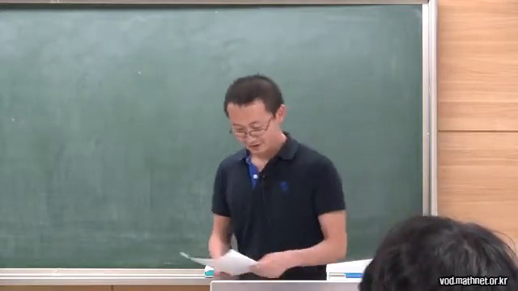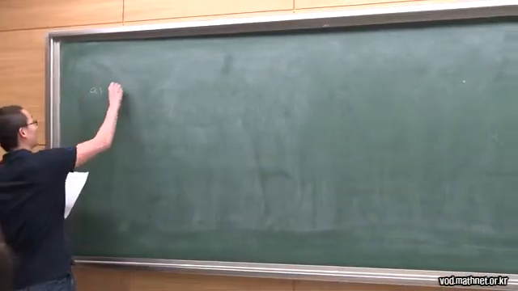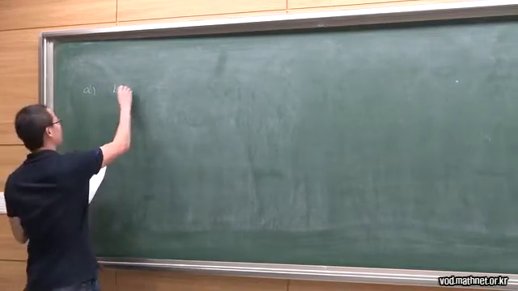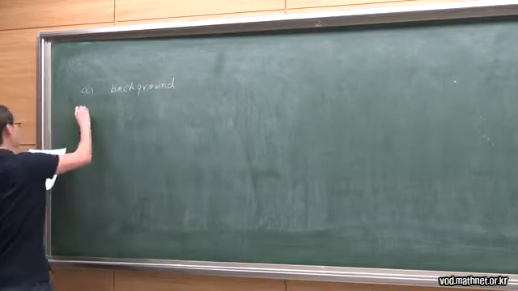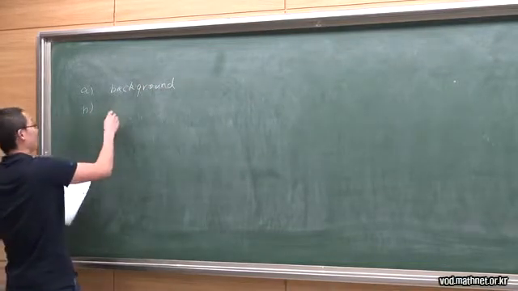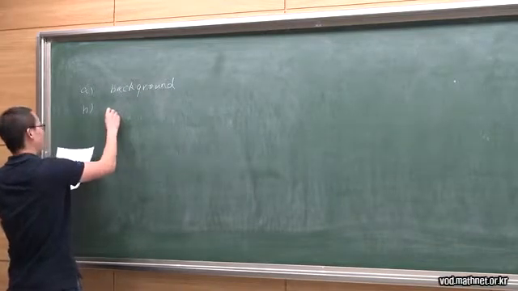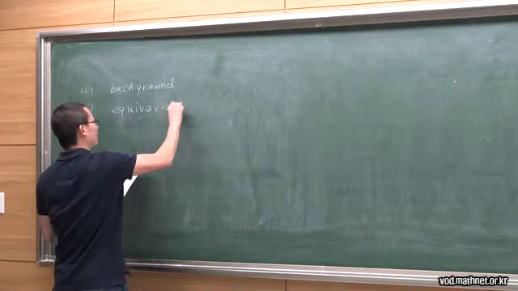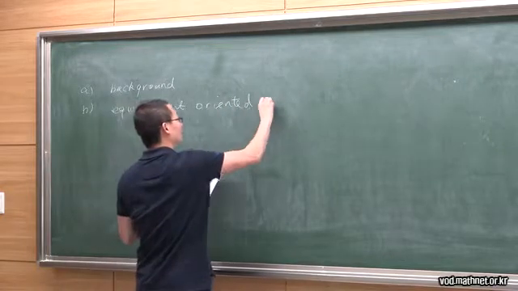So yeah, first let me give you the table of contents for these two talks. First I will mention background, basically about references and about history. And then I will mention the geometric definition of this equivariant cohomology.